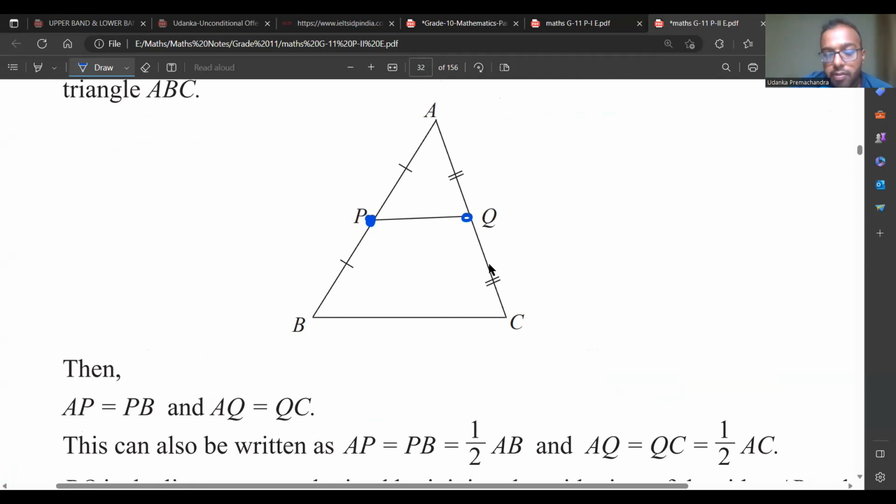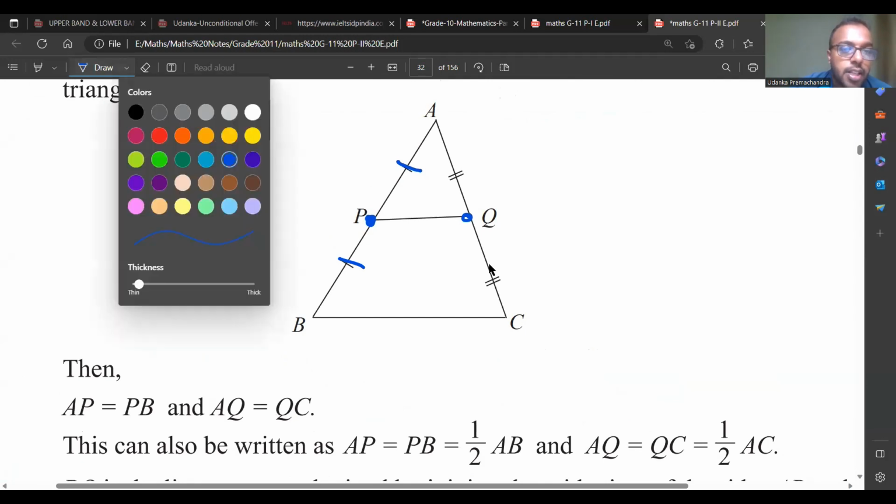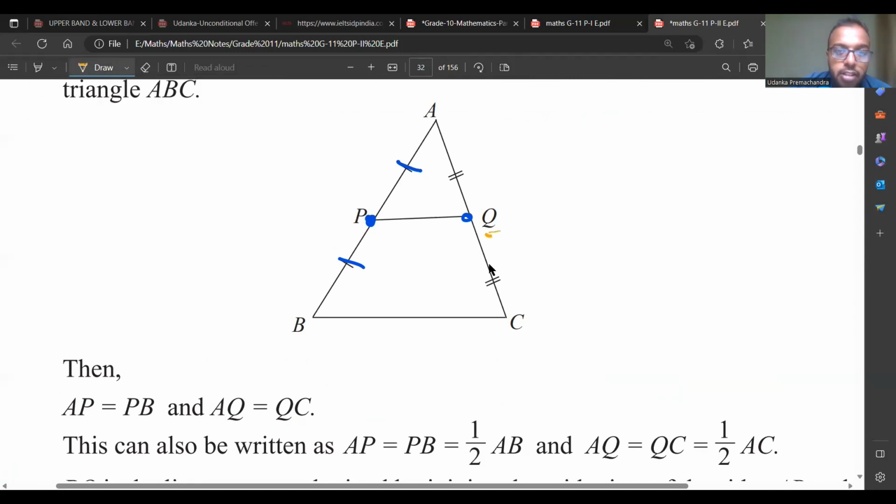What do you know? If it is this line's midpoint, this and this should be equal, no? This part and this part should be equal. Otherwise, if this Q is the midpoint of this line, this part and this part should be equal.